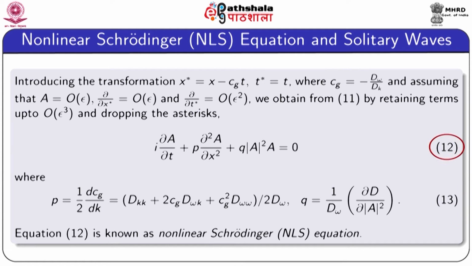Equation 12 is known as the nonlinear Schrodinger's equation.